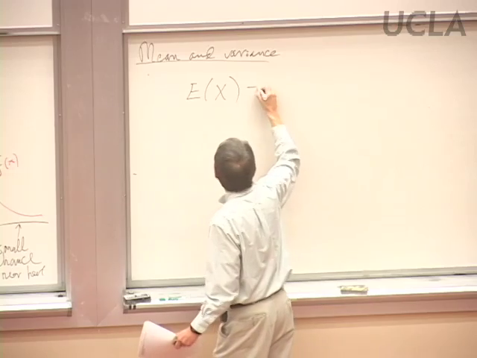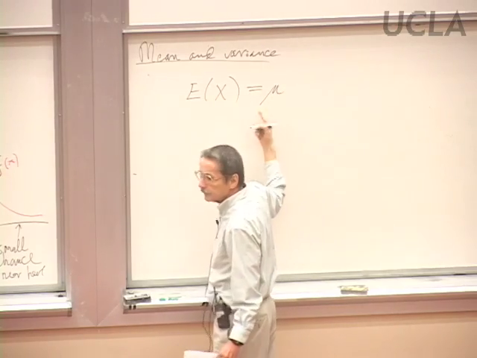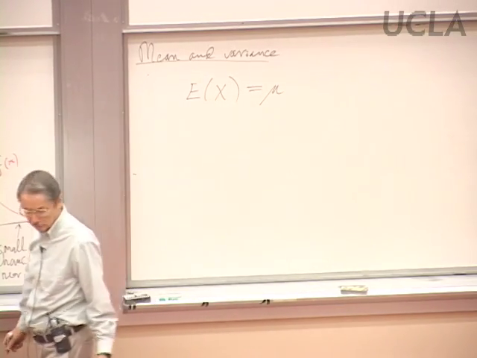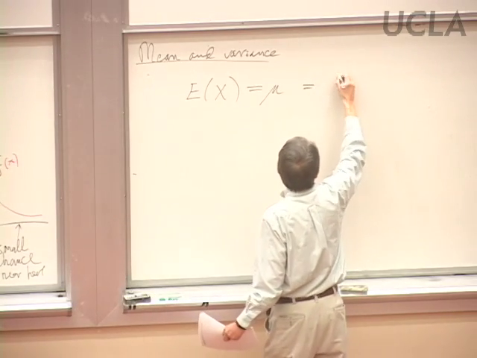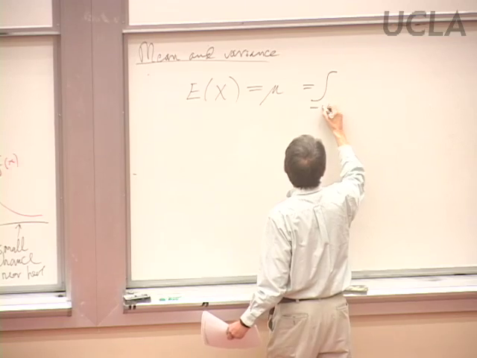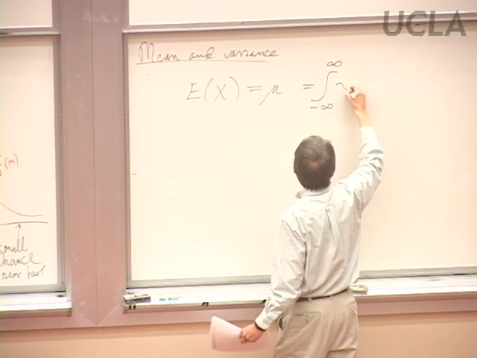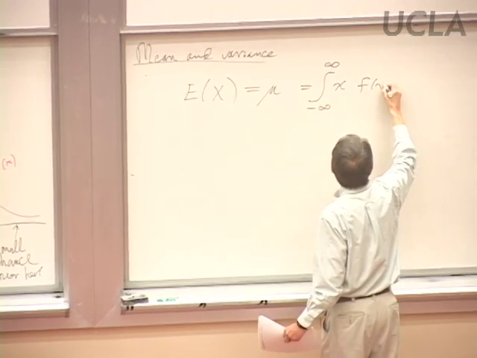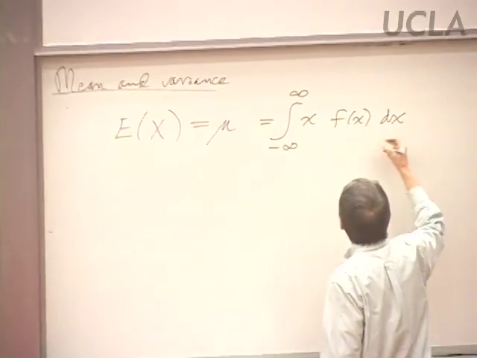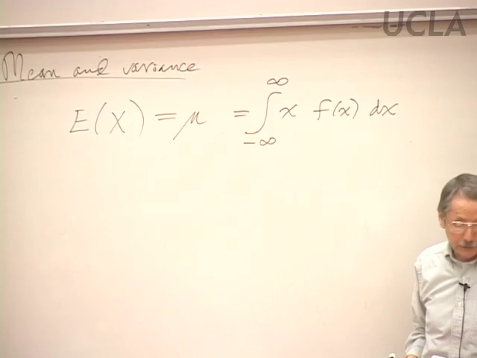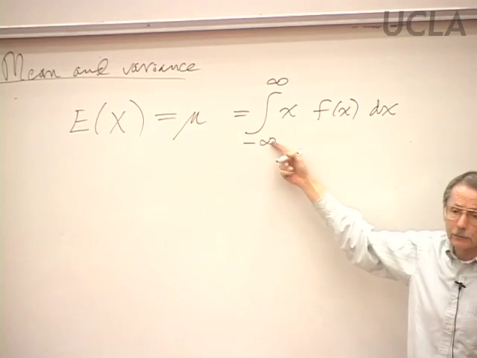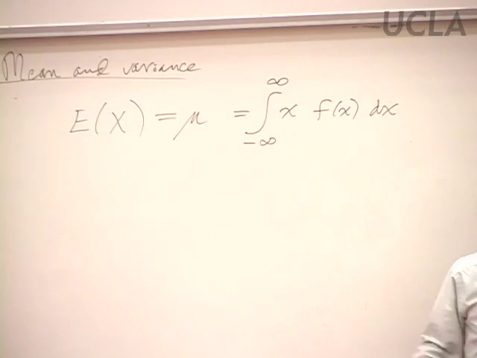For the expected value, or the mean, I claim for a continuous random variable is going to be given by integrating x times the density function, and we integrate it over everything.